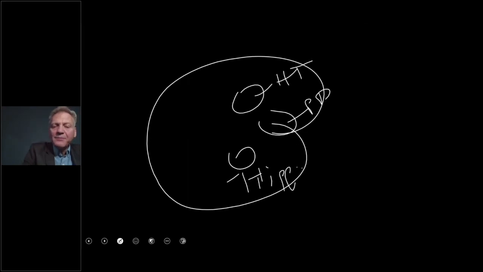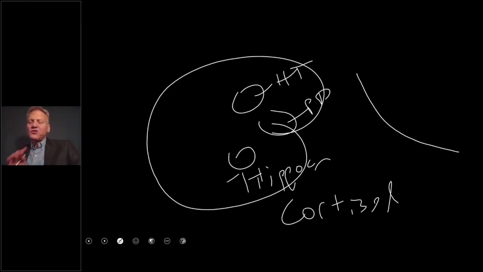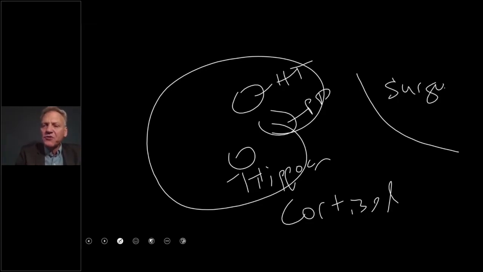Now the hippocampus is actually rich with cortisol receptors because the hippocampus is what determines this cortisol swing. It's what determines your rhythm of the cortisol swing, the circadian rhythm. Well, as it turns out, cortisol gets released in surges when you have drops in blood sugar.